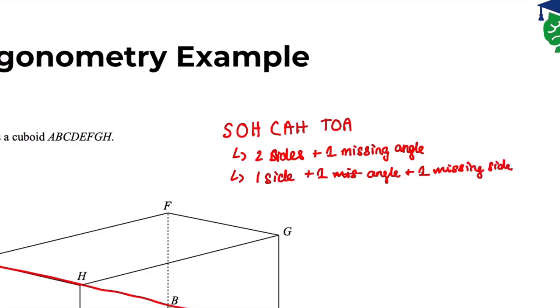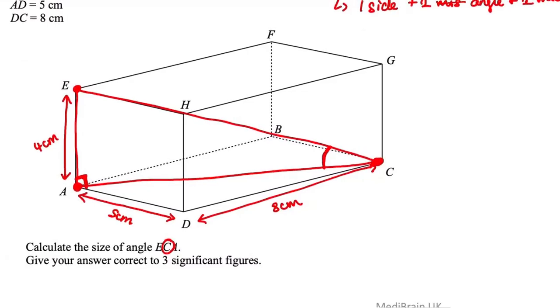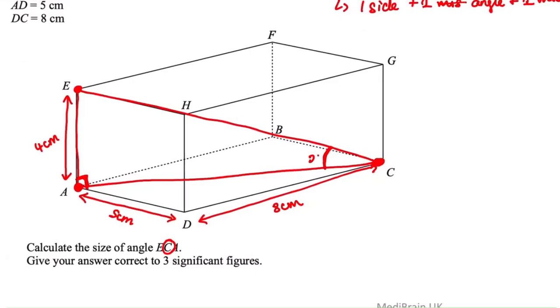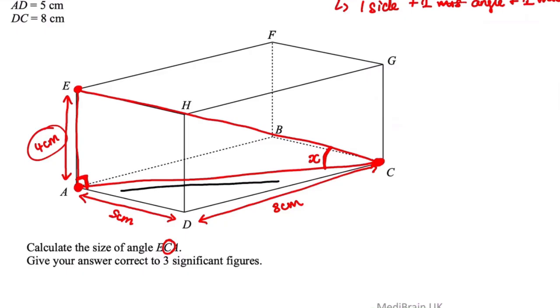So over here in this case, we've got ourselves a right angle triangle. We need to work out this missing angle over here, that's x. We know this side is 4 centimeters. We need to know another side. The way that we can do that is we can work out what this side over here is, because we're given 5 over here and 8 over here. This is right angled as well. So we can use Pythagoras to work out the black line that I've drawn.